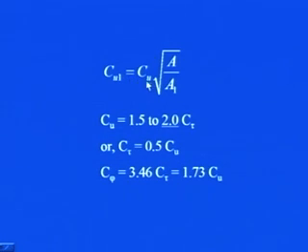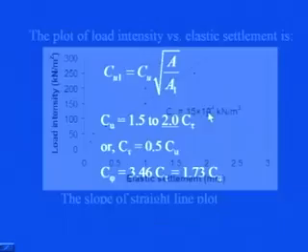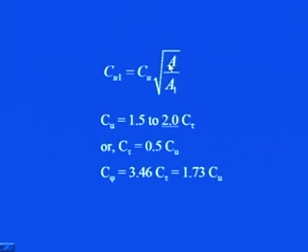Cu is for plate, A is area of the plate, and A1 is area of the foundation. So, we know this Cu from this particular curve. We have the area of the plate, that is 0.09 meter square, and then A1, that is area of the foundation or base area, which is 10 meter square, that is given.